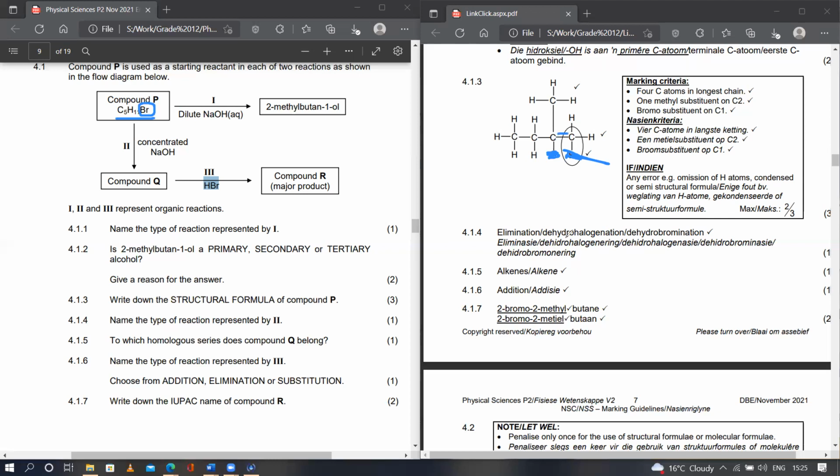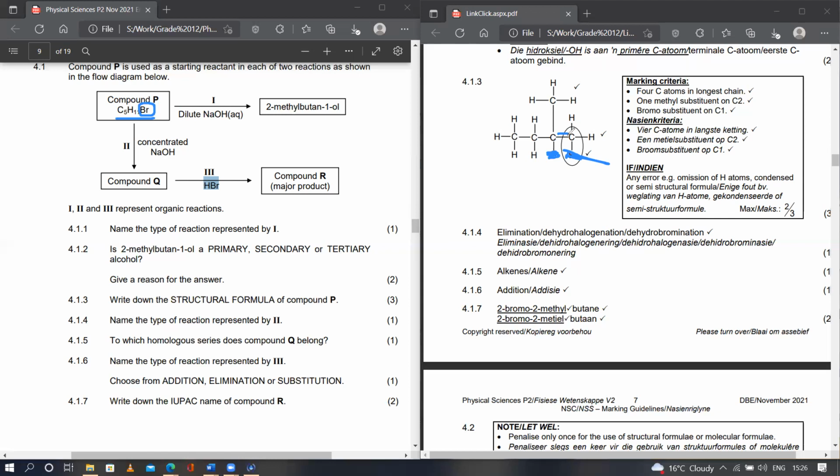So they say, name the type of reaction represented by reaction 3. So basically, you eliminated the bromine group, and now you have an alkene.